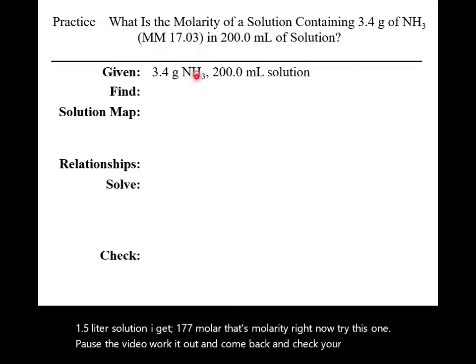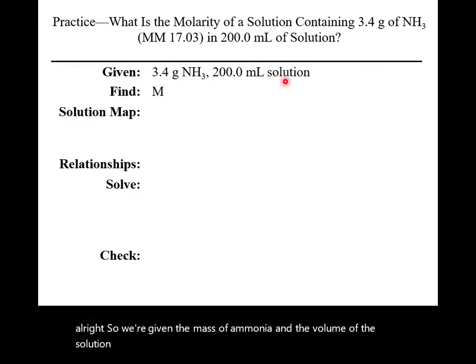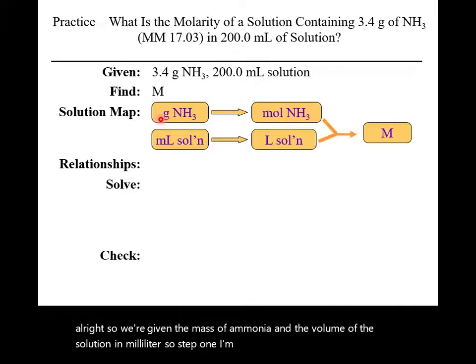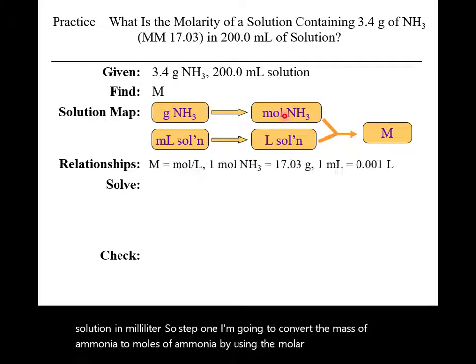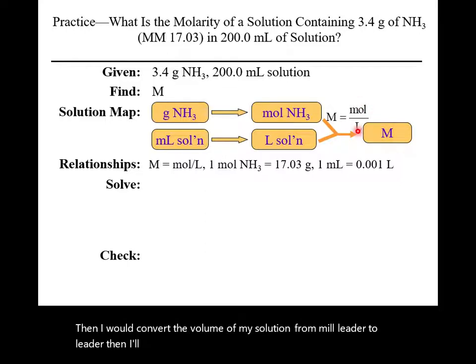Alright, so we're given the mass of ammonia and the volume of the solution in milliliter. So step 1, I'm going to convert the mass of ammonia to moles of ammonia by using the molar mass of ammonia. Then I would convert the volume of my solution from milliliter to liter. Then I'll divide the moles by the volume in liter.